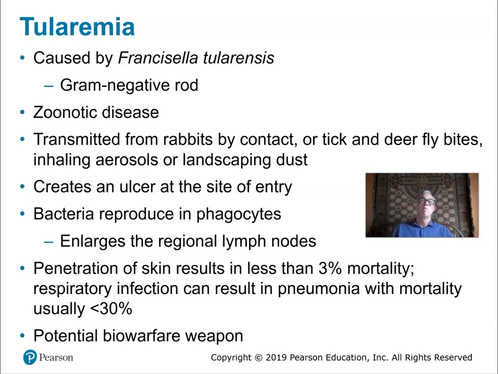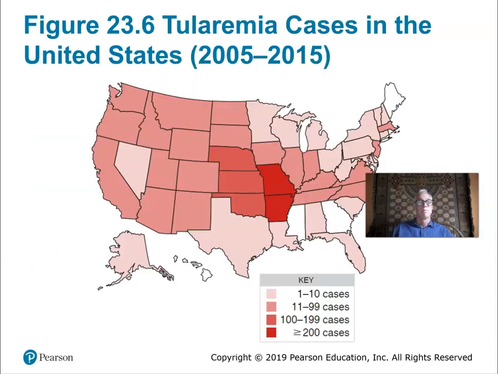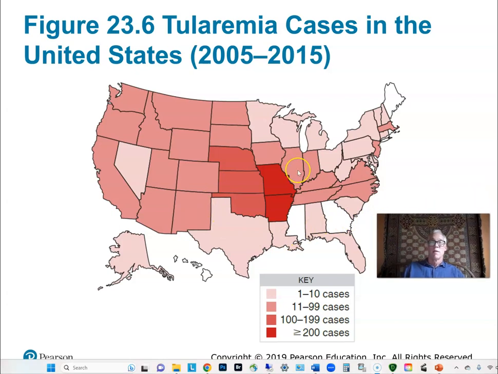One of them is Francisella tularensis, because it can easily be aerosolized, and it's quite a severe disease. And here's a case map of tularemia in the United States between 2005 and 2015. Not super common, as you can see.